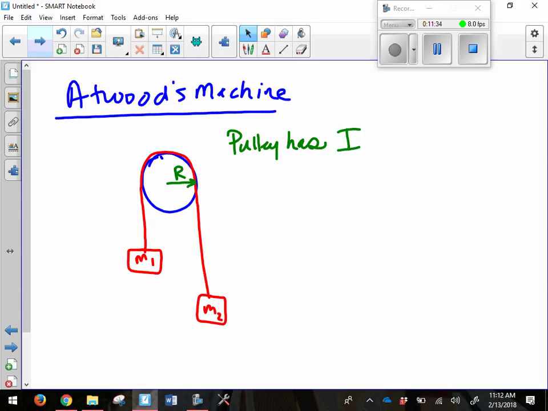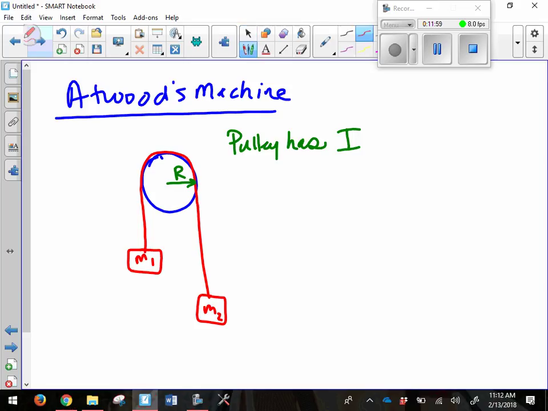So if I was going to solve this problem and look at what the acceleration of the system was, what would I do first? Free body diagrams, but now it's not just M1 and M2, it's also for the pulley.